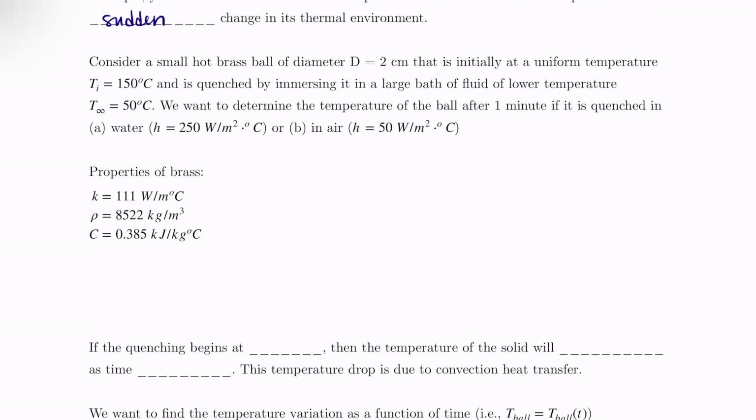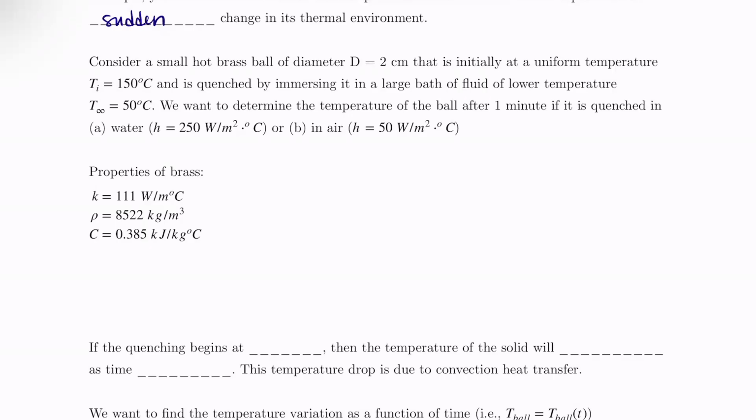Okay, so we are going to consider a small hot brass ball of diameter 2 centimeters that is initially at a uniform temperature of 150 degrees C, and then it is quenched by immersing it in a large bath of fluid of lower temperature.